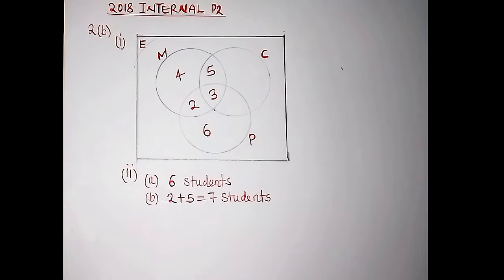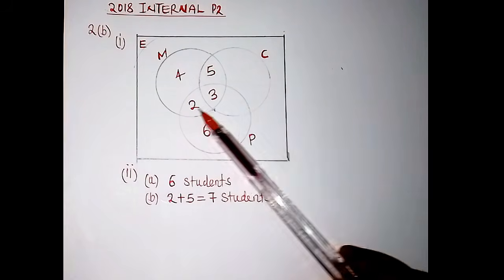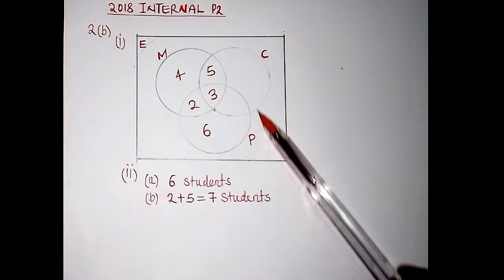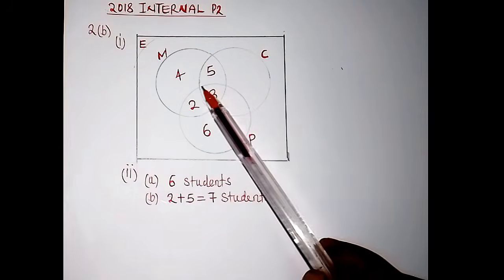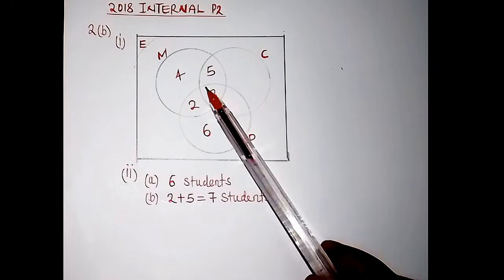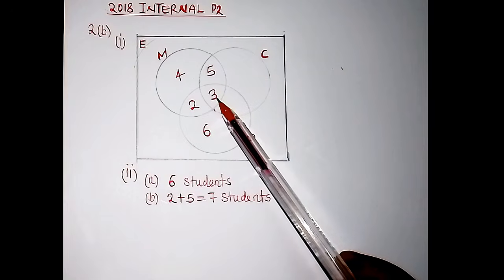Now why have I said intersection? This is because of the use of the word and between those 2 sets, mathematics and physics. That means that we're talking about the intersection of mathematics and physics. So now if you've seen, the intersection of mathematics and physics involves 2 numbers, 2 and 3.